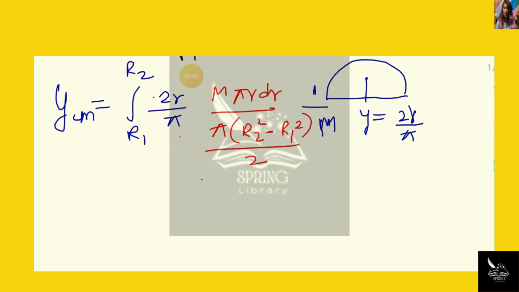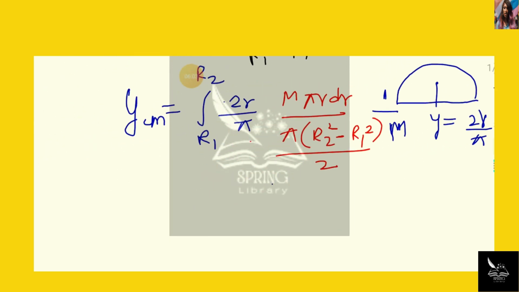the next step is to take the constant values outside. Here you can see that pi and pi cancel out.